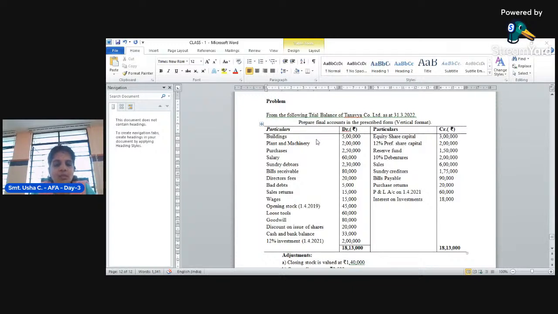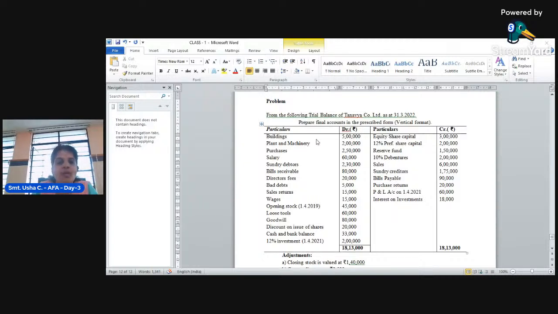In the trial balance, whatever information relating to debit and credit is given, all the debit balances include assets and expenses, whereas all liabilities and profits are credit balances. So here the information of the trial balance is given.